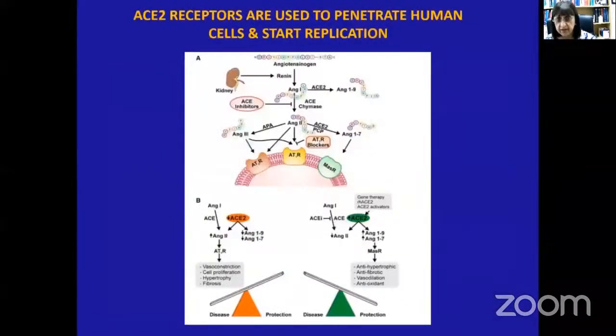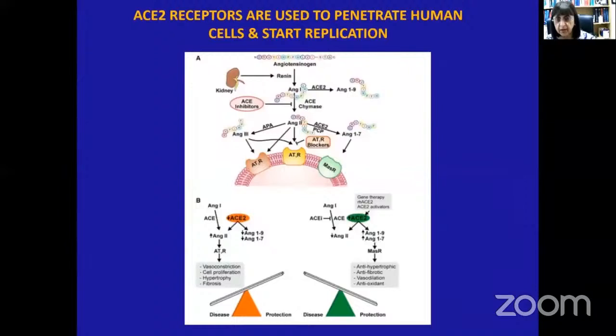Now, the virus itself needs to attach to receptors for it to enter cells. And what has been found is that the SARS-CoV-2 virus, like the SARS virus, uses the ACE2 receptors, which are normally part of the renin-angiotensin pathway, to enter cells.